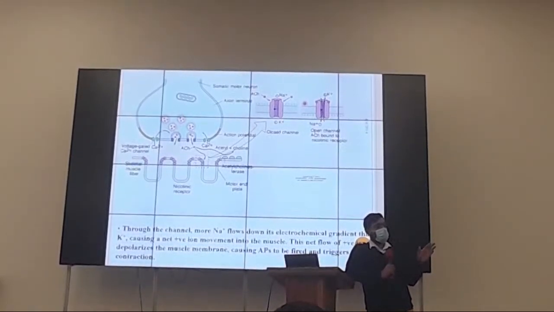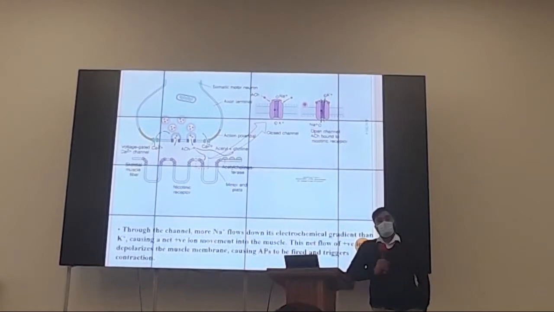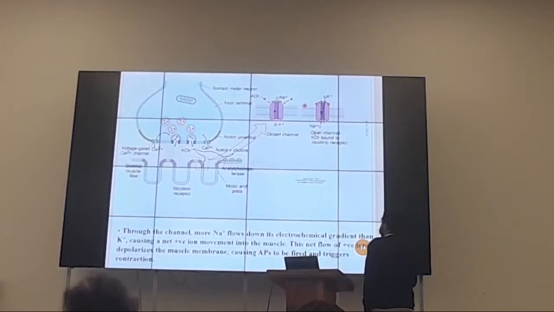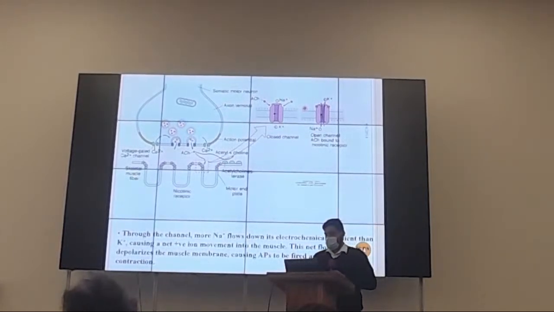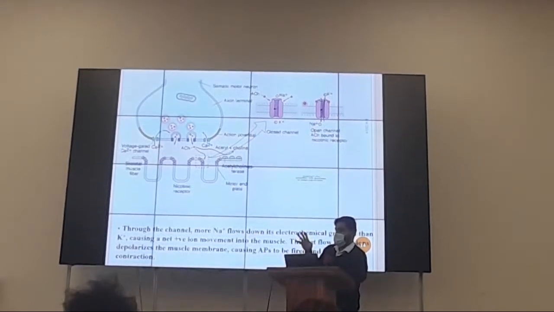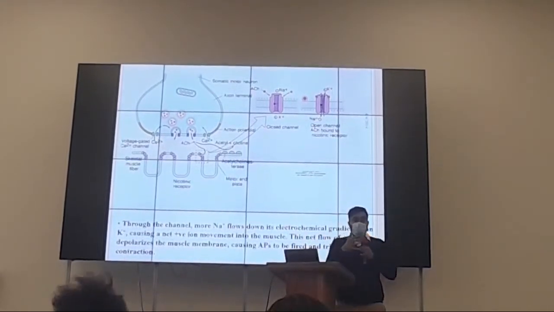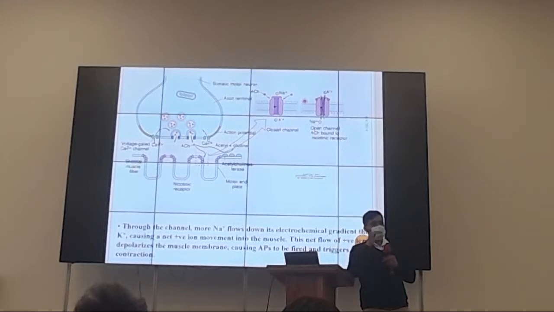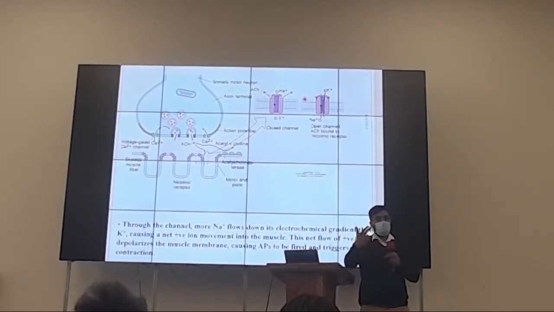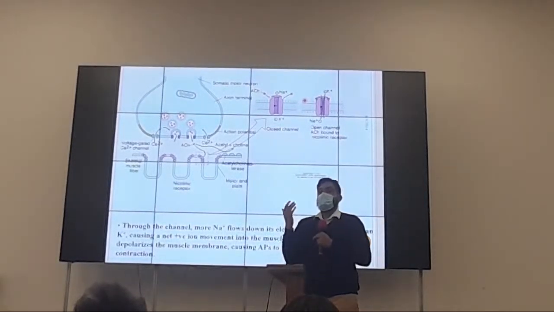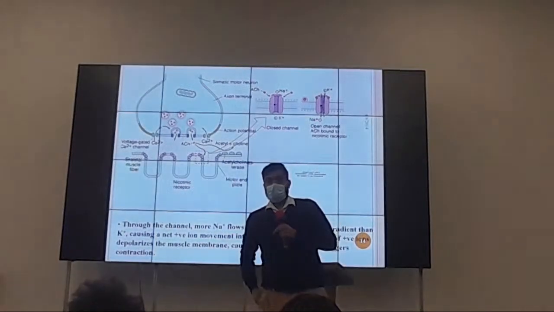And why is it generated? Because there is a net influx of sodium after acetylcholine binds. So the EPSPs generated in the motor end plate will be summated. If the summation of these EPSPs is large enough to cross the threshold to trigger the activation of the voltage-gated sodium channels on the muscle membrane, then an action potential will be generated.